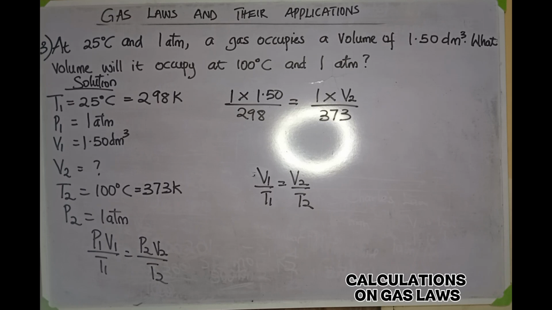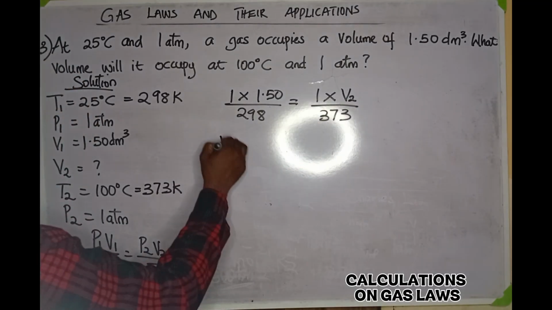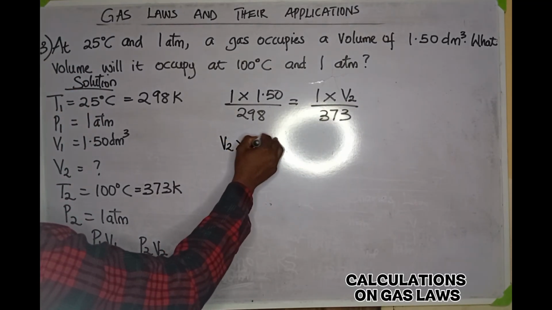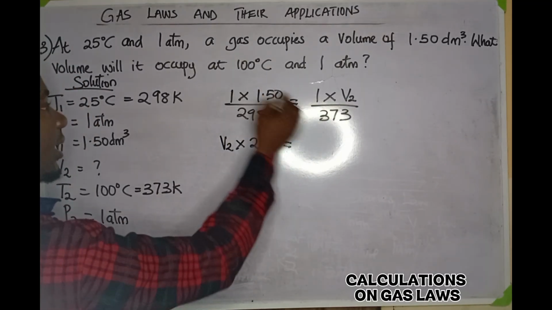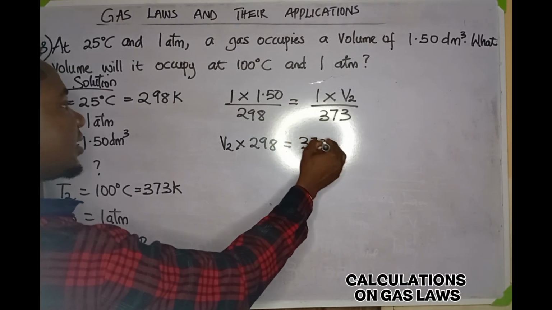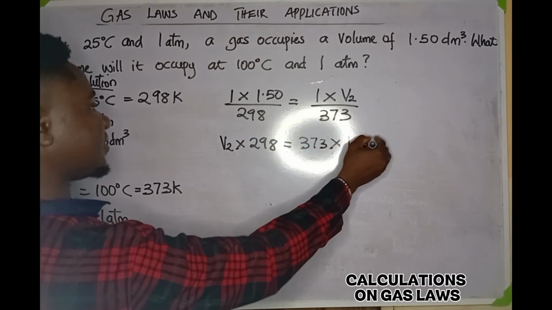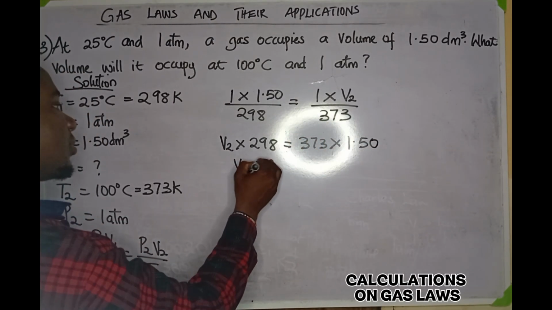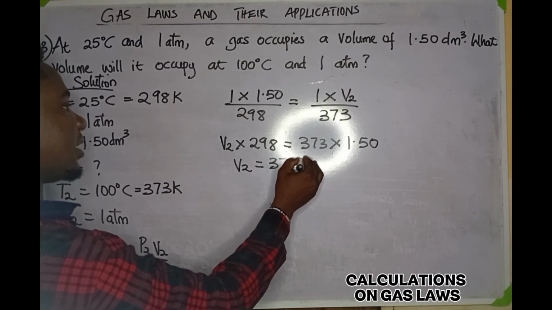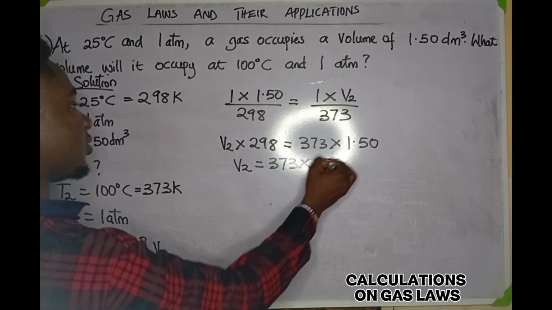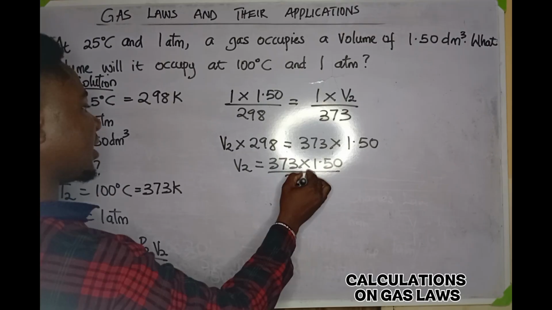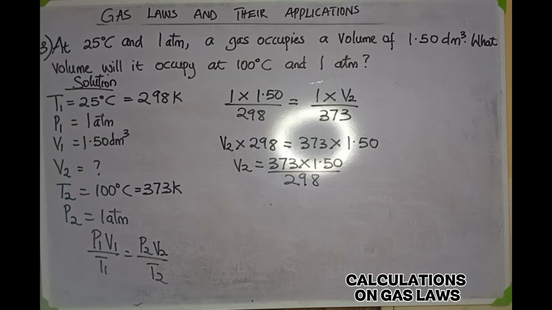Good. So let us do our calculation. We cross multiply. V2 multiplies 298, while 373 multiplies 1.50. Now V2 is equal to 373 times 1.50 all over 298. Use your calculator.